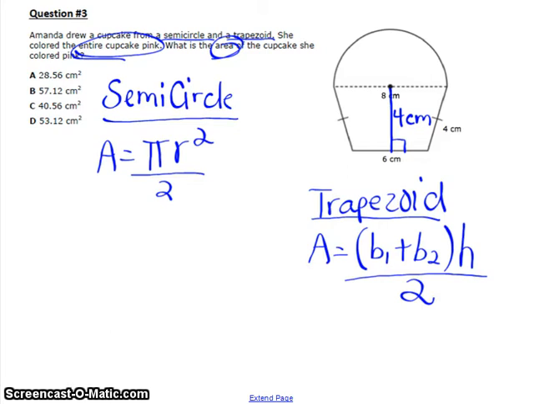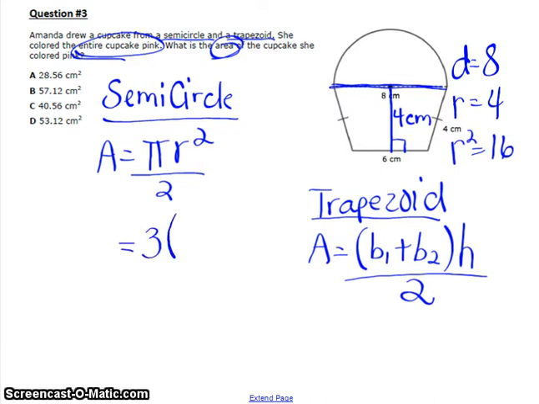Okay, so let's start with the semicircle. I need to know, what did they give me in my circle? I have this measure here of 8. That is your diameter. If my diameter is 8, my radius is 4, and radius squared is 16. I'm going to use 3 for pi. R squared is 16, and I'm going to divide the whole thing by 2.